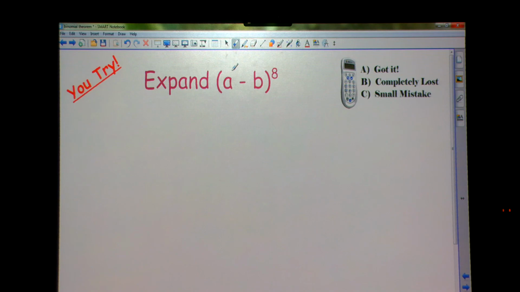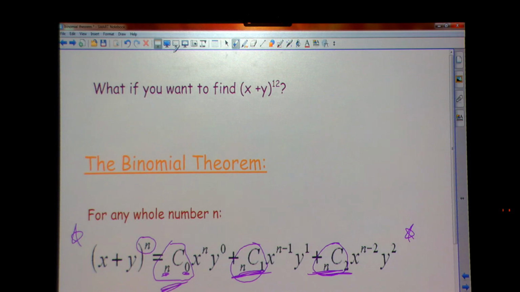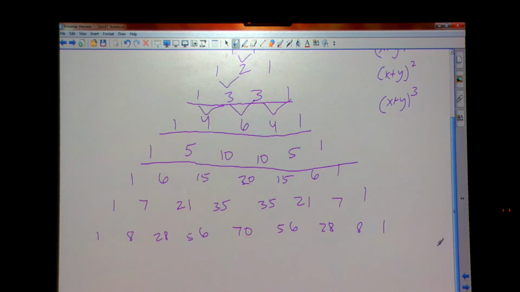Okay, so last one, you can pause if you want to try it. Okay, a minus b to the 8th. So we went way down the powers here. So pause it and you can try it, but I'm going to go back to my triangle. Oh, and I did go down just far enough. So 1, 8, 28, 56.